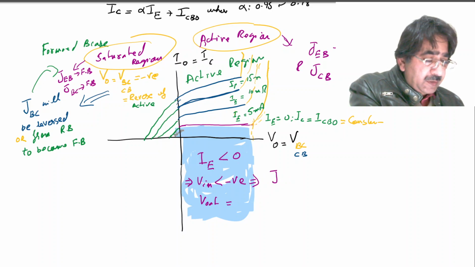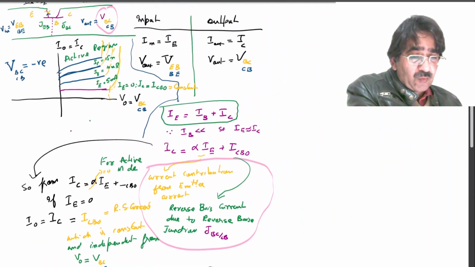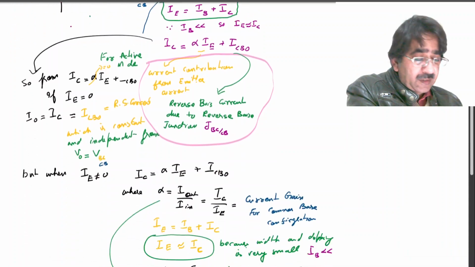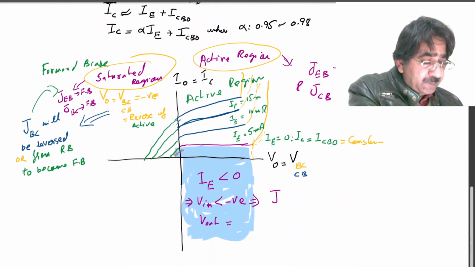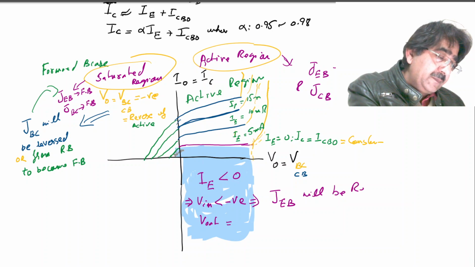because the junction, which junction is that? The common base junction, the emitter-base junction, EB, will be reverse biased.